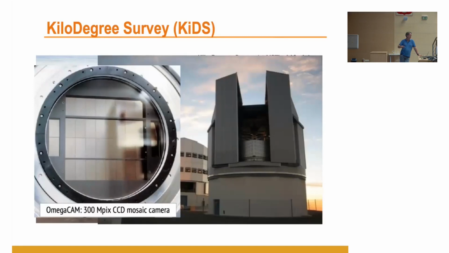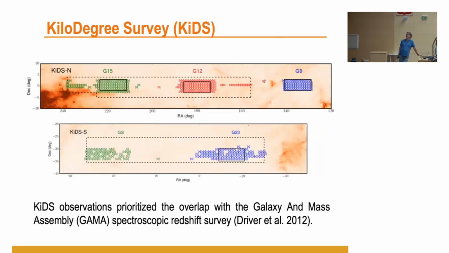These large cameras have really been the driver for these surveys, even though in comparison to other projects, and especially to LSST, this is now a small camera. These are the fields we've targeted, and a very nice feature is that we first focused on fields with a very unique spectroscopic redshift survey, the GAMA survey.